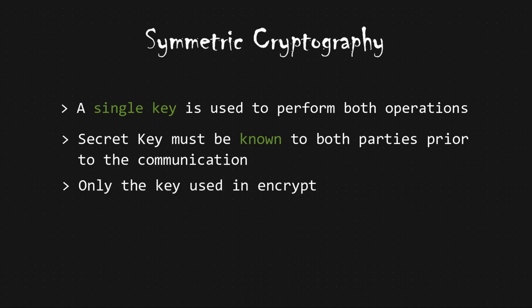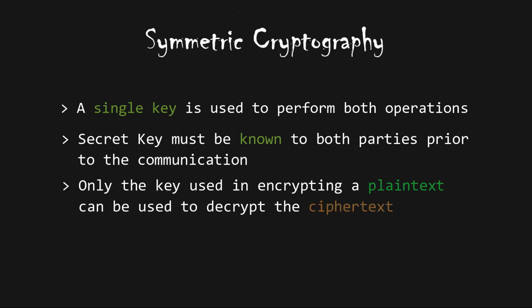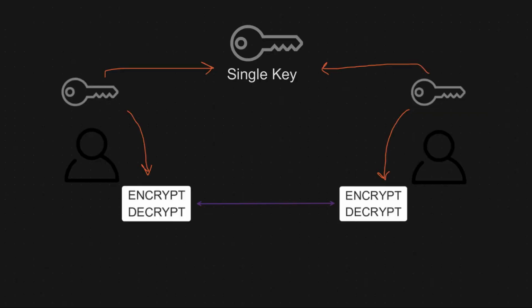So the plaintext encrypted by you can be decrypted at my end, and the plaintext which I encrypted at my end can be decrypted at your end. The result or outcome of encryption gives ciphertext, which is in simple words the encrypted form of the plaintext. I believe you understand the concept of symmetric key cryptography. Let's make sure by looking at this pictorial representation.